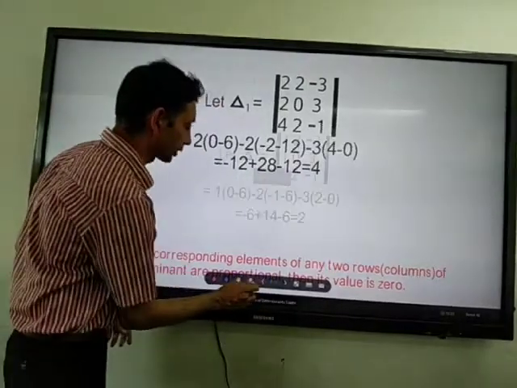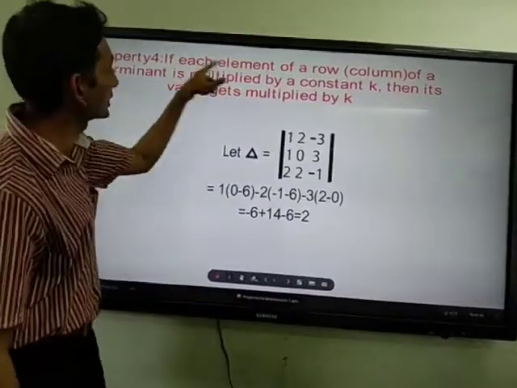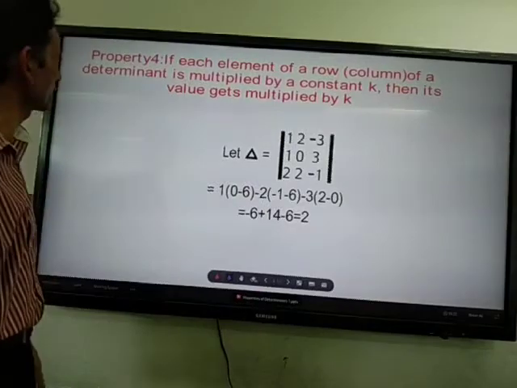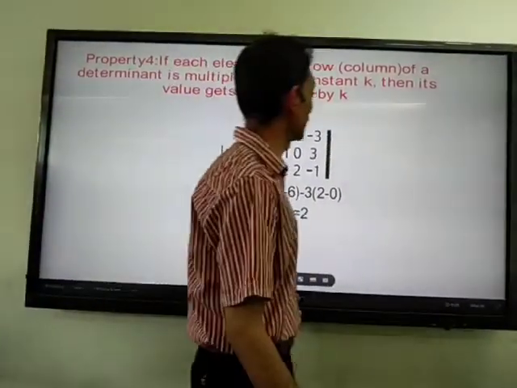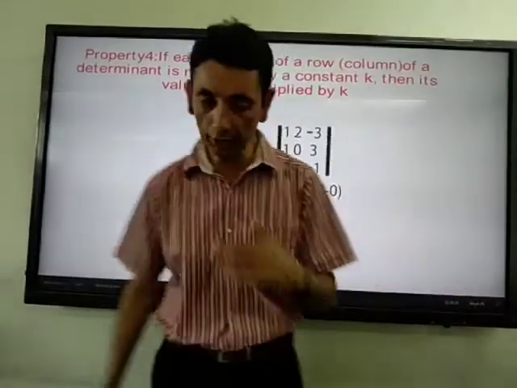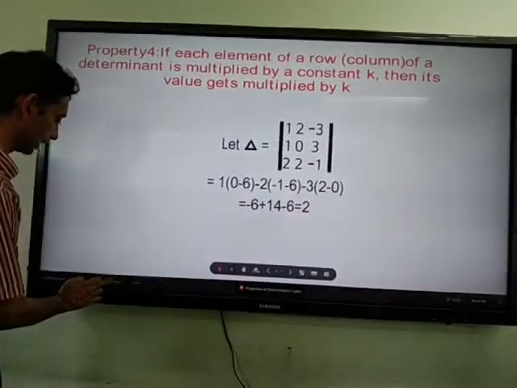So you can just go back to this statement. If each element of a row or column of a determinant is multiplied by a constant k, then its value gets multiplied by k. So one more simplification regarding this.